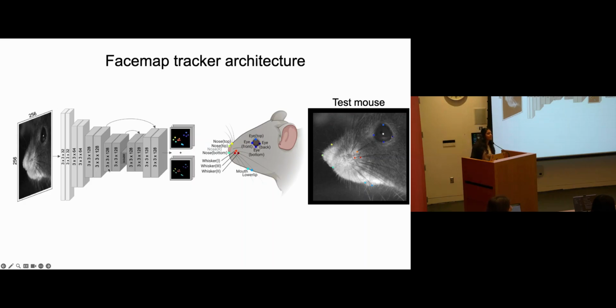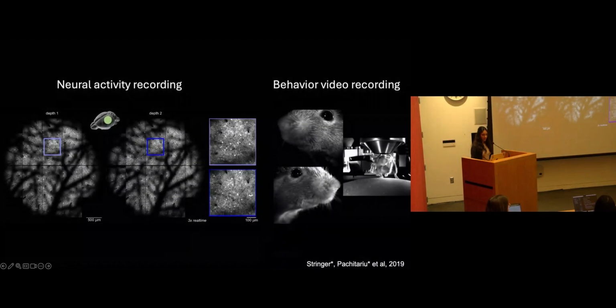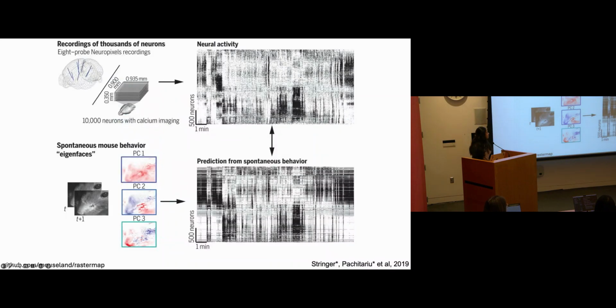Yeah. Since we're asking questions, I have a question from a few slides ago. I think from the very first slide or second, where you do the prediction with the raster map. Yeah, I didn't really understand that very well. What is the prediction based on?